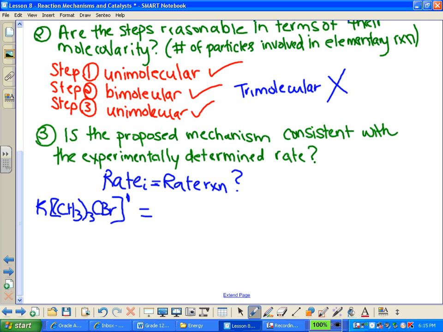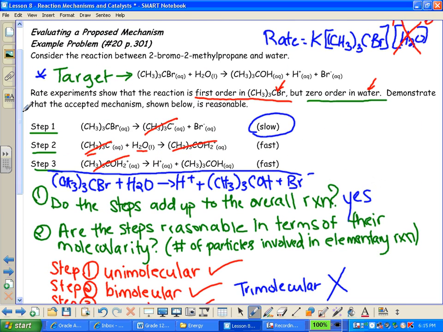In order to get the rate of the reaction, we're going to look at that slowest step. What we learned on the previous page when looking at elementary steps is that the rate law is going to be equal to the slowest step, and to get our exponents, we look at the coefficients in front.